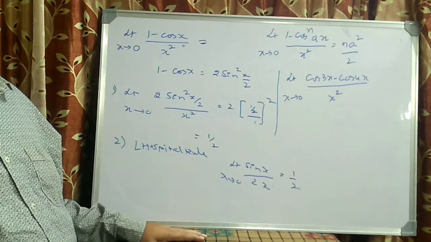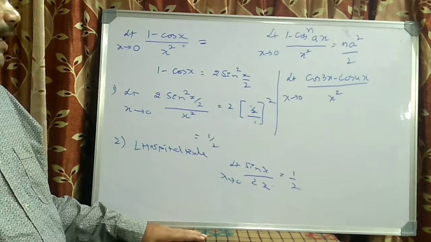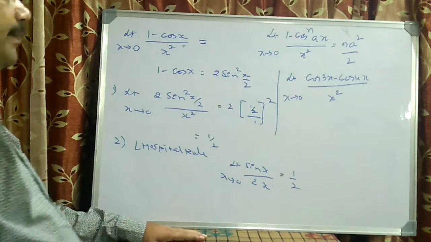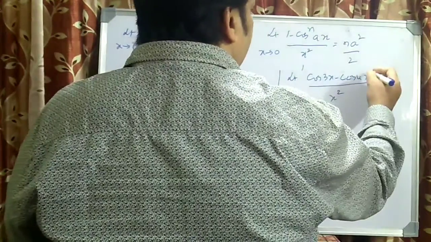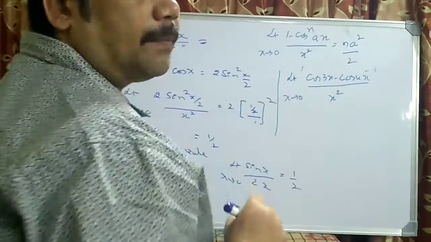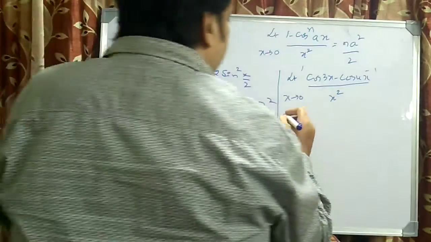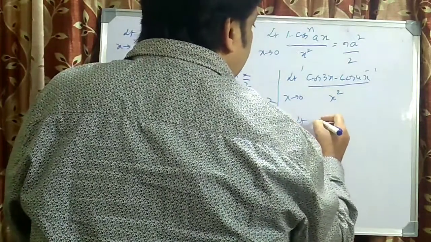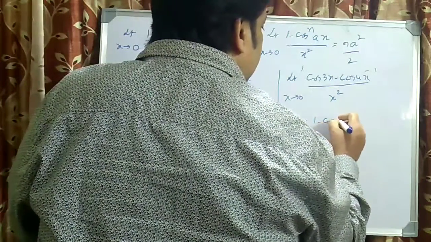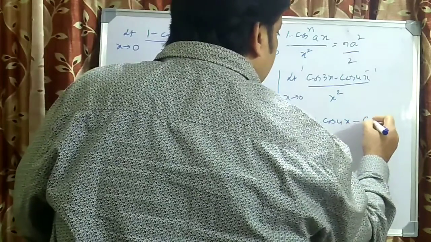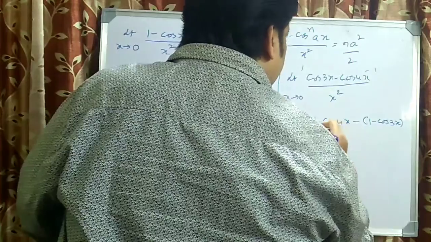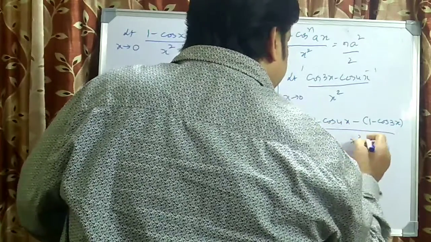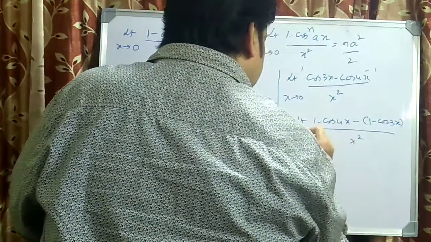It will be a bit lengthy. So here, I give 1 here and minus 1 here, I add plus 1 here. So what I write is 1 minus cos 4x minus of 1 minus cos 3x, whole divided by x square as x tends to 0.